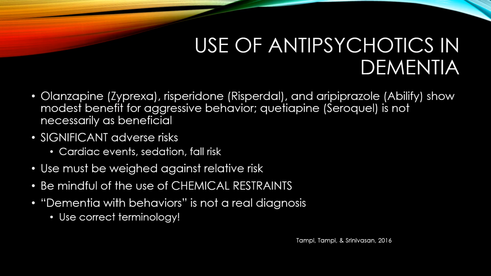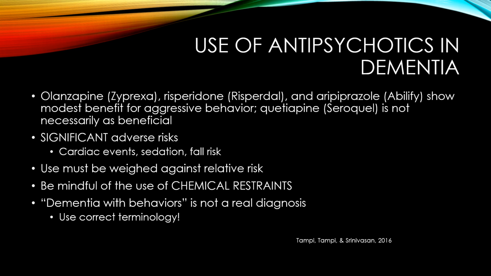Use of antipsychotics in dementia. Olanzapine (Zyprexa), risperidone, and aripiprazole show modest benefit for aggressive behaviors. Seroquel, quetiapine, is not necessarily as beneficial. There are significant adverse risks such as cardiac events, sedation, and falls. So be very careful, especially in the elderly, if using these medications at all.